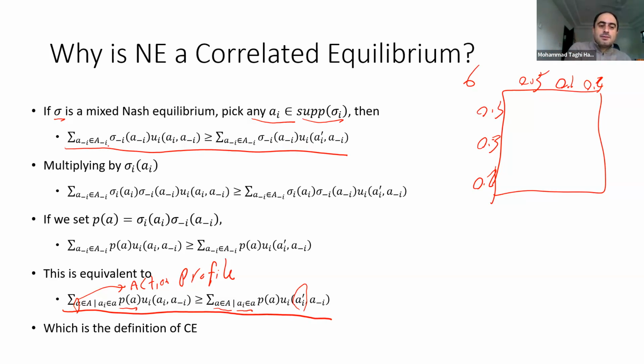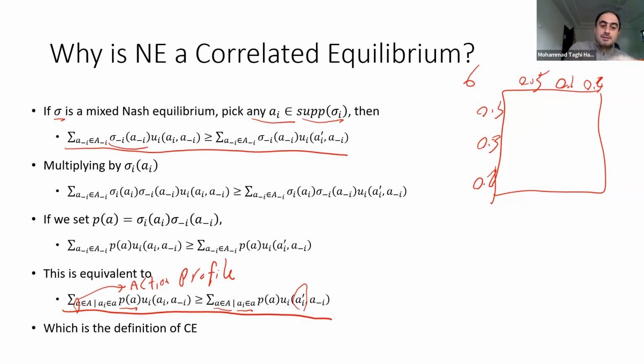So here we will say that we are doing the sum over all a_{-i}, because this is the action profile of everyone else. Here a_i is taking a pure strategy, the probability is one, but everyone else is going according to their own strategy. So that's exactly this one.